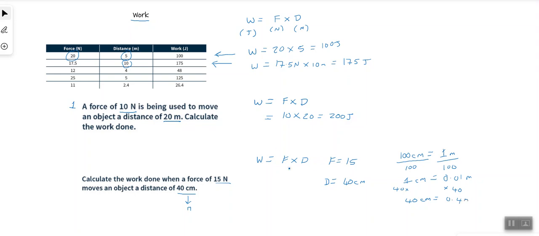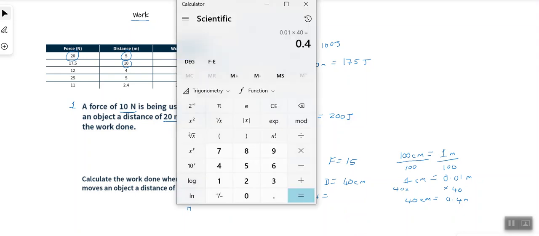Okay, so we've taken this and converted centimeters into meters. Then what we do is substitute the values into our formula. It's going to be 15 multiplied by 0.4, which is equal to 0.4 multiplied by 15.